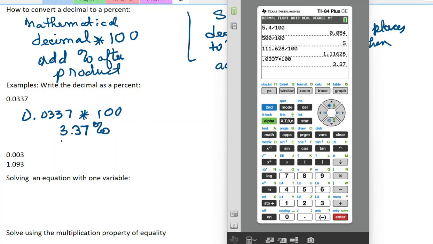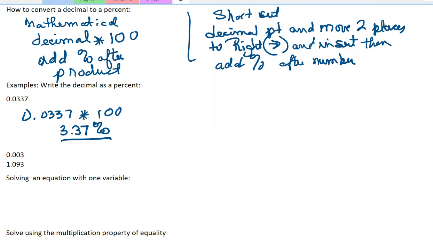I'd add a percent symbol. If I did it the other way, I would start at my decimal and move to the right and enter the new decimal place. And that would be 3 37/100%. Same thing. All right.